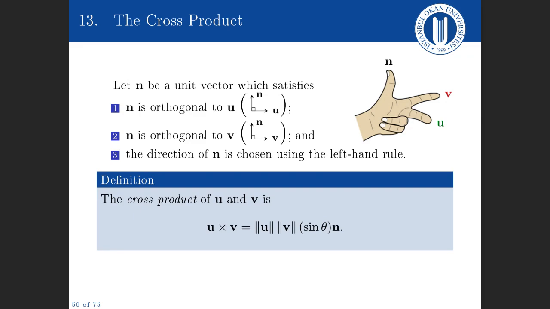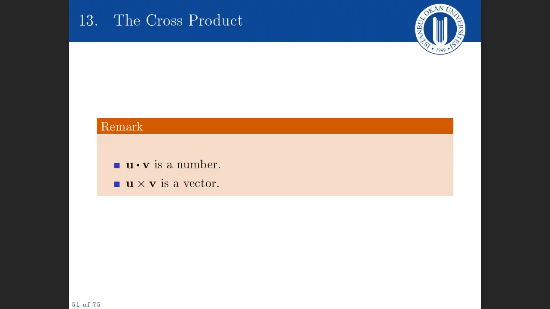Then the definition is that the cross product of u and v, or u cross v, is norm of u, norm of v, sine theta n. Now, let me just remark, we've got two different types of products here, but they're very different. U dot v is a number, but u cross v is a vector.